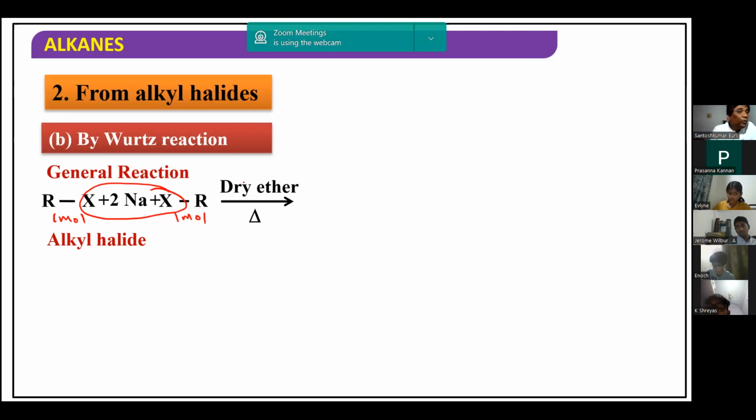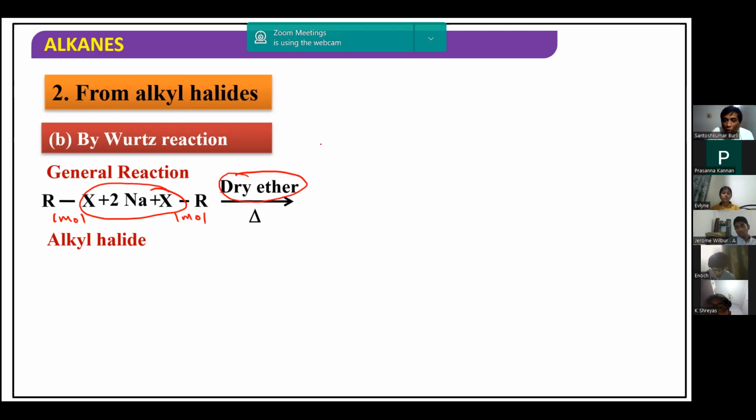And the important point to be remembered here is we have to use dry ether. So the reaction has to be carried out in dry condition and in a non-polar solvent like ether. Ether is an organic solvent which is non-polar. And dry in the sense it must be free from moisture.